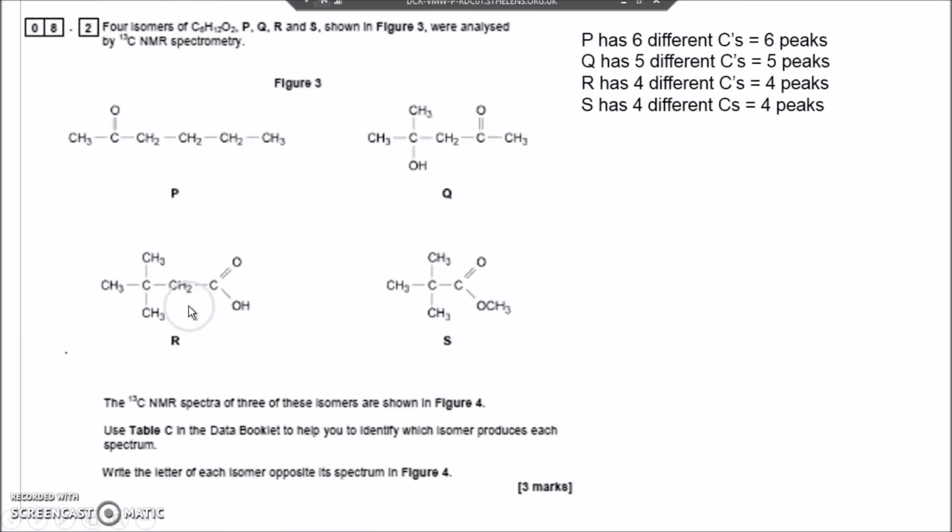But this double peak here, very close, seems very close to Q. I'm going to look for something between R and S that's similar to Q. I think the one that's most similar to Q is R. So I'm going to go with R as this one and this one as S.